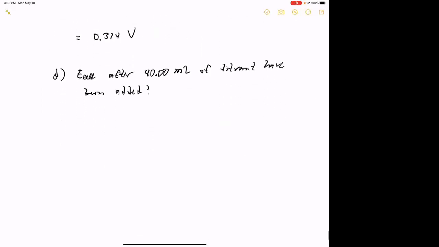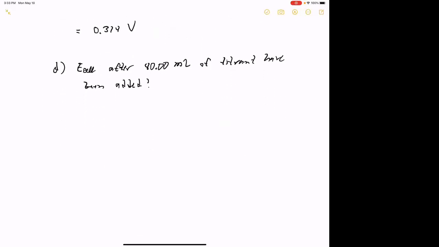All right, so finally part D was what's E cell after 40 milliliters of the titrant had been added. So this is going to put us beyond the equivalence point. Okay, so things actually get a little bit easier here because when we're beyond the equivalence point, we know that the Ag+ is going to be in excess. So the nice thing is when the titrant goes into excess, we really don't have to calculate an equilibrium problem out, okay?